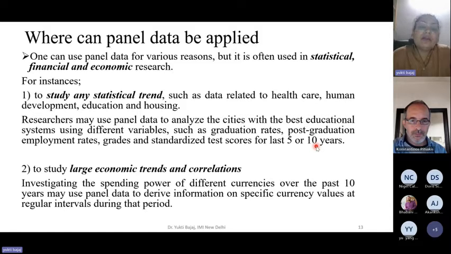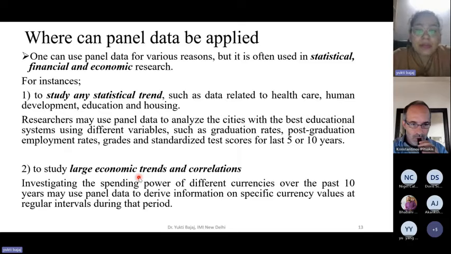Okay, moving on to economic research, there are macroeconomic research domains as well as micro level research. Talking about macro level trends, say for example, when you're dealing with currencies. Suppose a researcher wants to investigate the spending power of different currencies. Say I take 3 currencies, Indian rupee, euro, as well as yen.